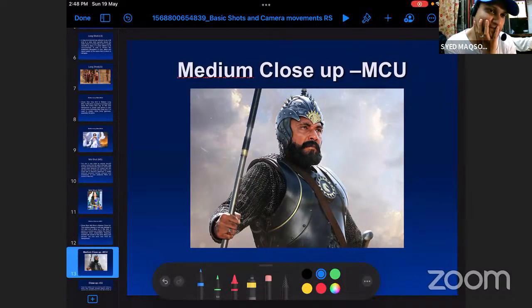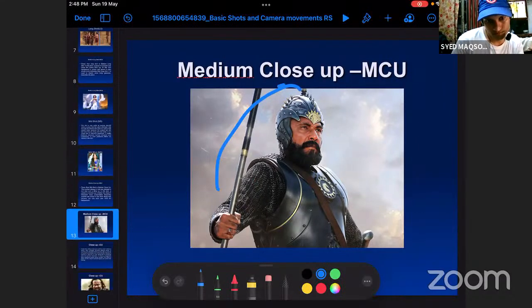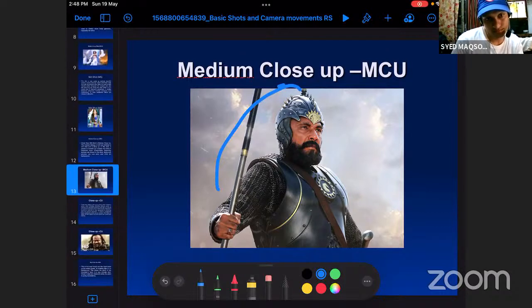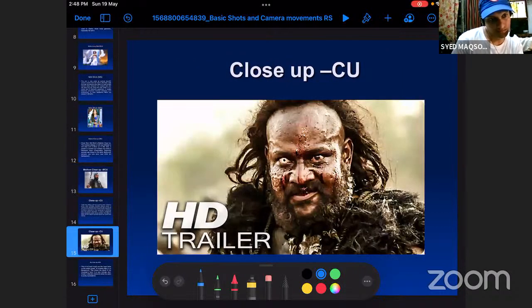Here the hand movements are important, and the body is shown above the waist and below the chest, with the entire head. This is called medium close-up.